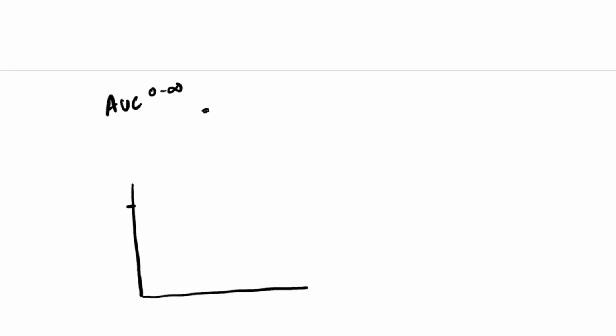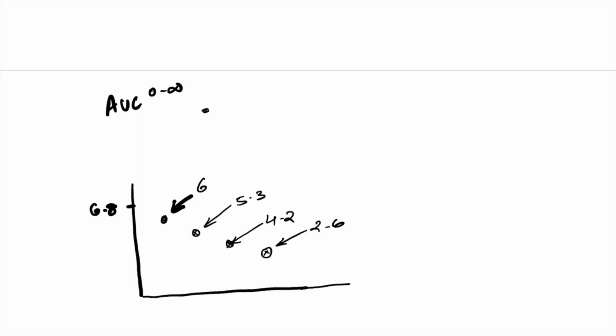So we have C0, that is 6.8, and then the first is there, that is 6, and then you have 5.3, then you have 4.2, then you have 2.6, and C last is 1.